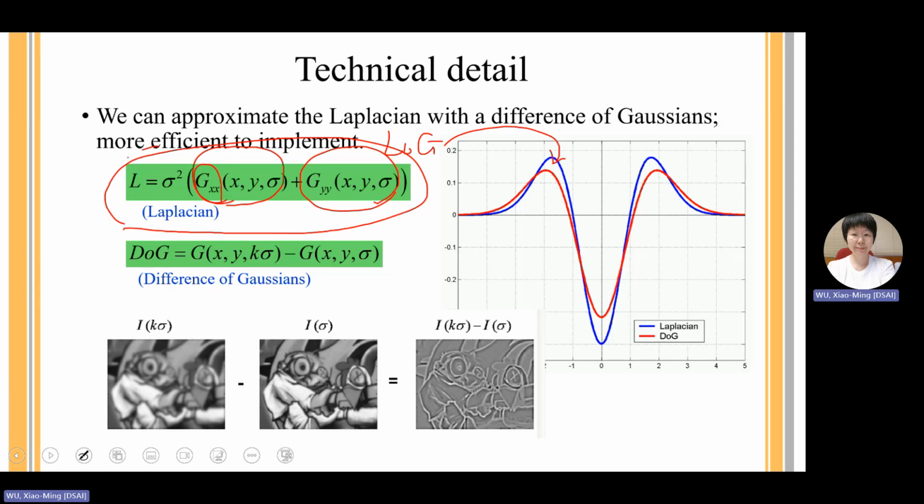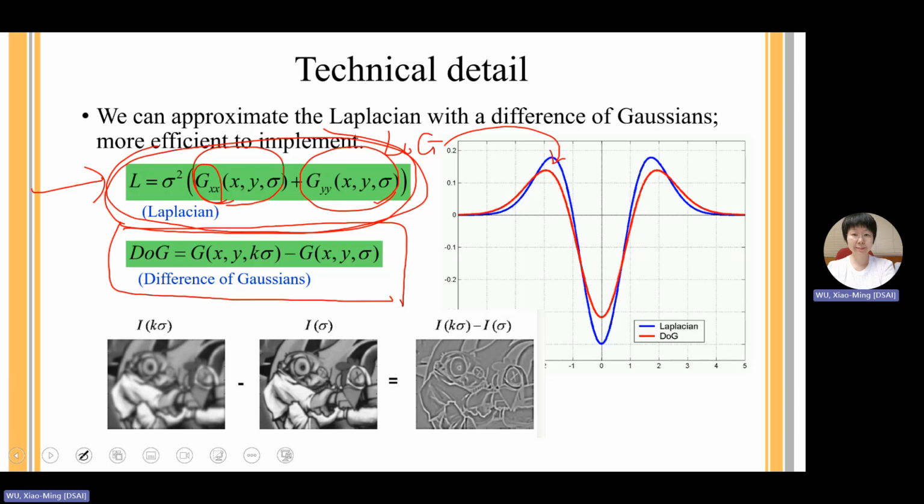The computation of the LOG filter is expensive. So that's why we use DOG, difference of Gaussian, to approximate the blue curve.